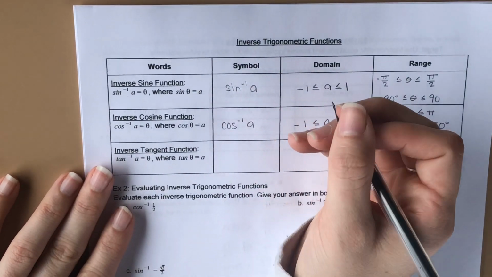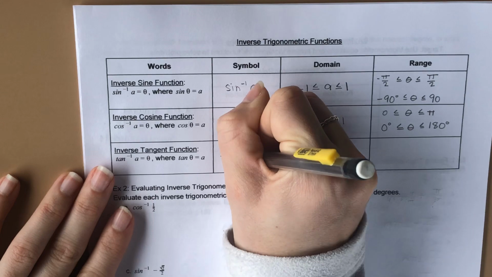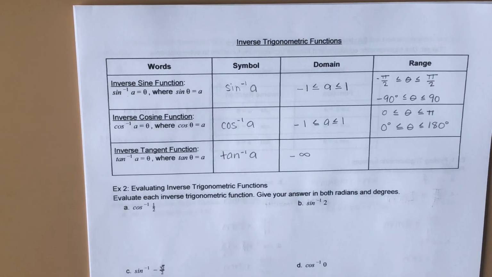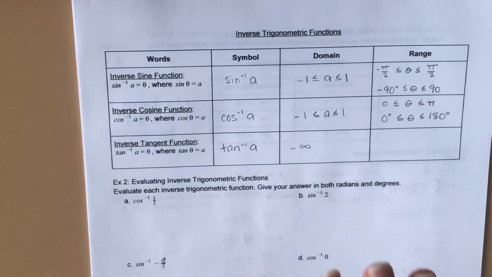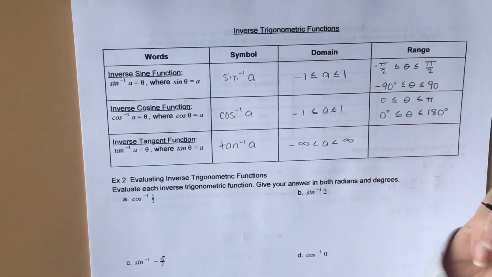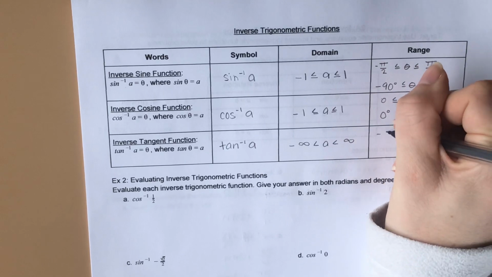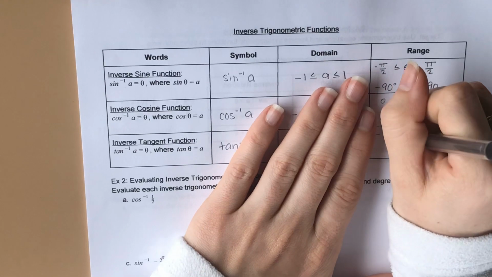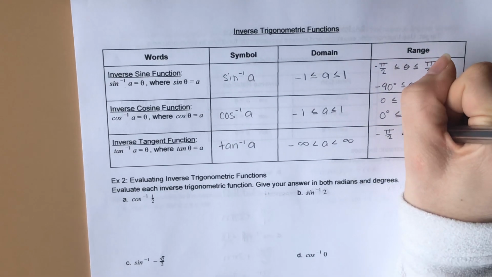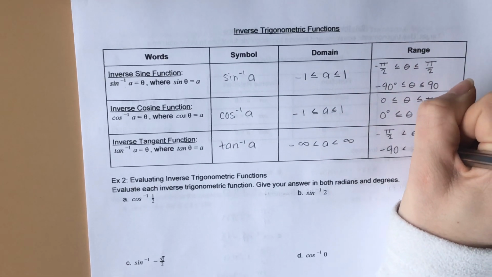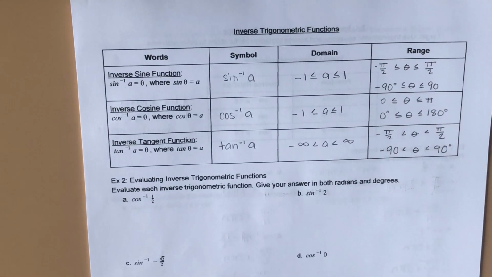Then for my tangent, this one's going to be a little bit different. We will eventually be graphing this stuff, and this will make sense once we get there. Okay, so I'm having from -infinity to infinity. My range is going to be from -π/2, oops, we are not including this time, to π/2, which is -90 to 90. Okay, and we'll talk more in depth with example 2 tomorrow.